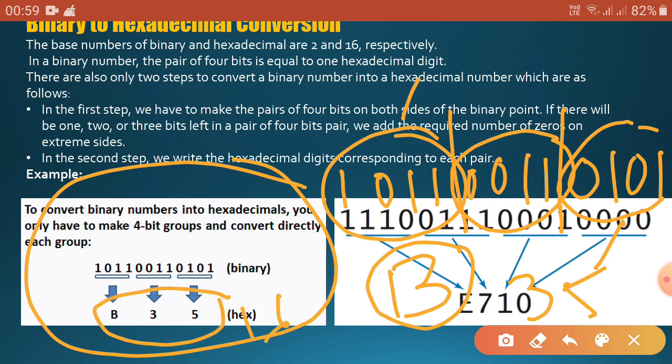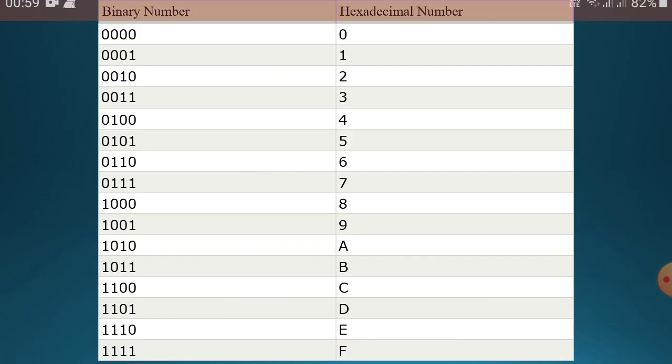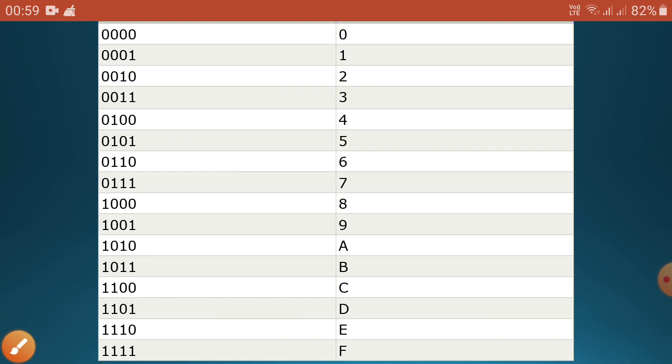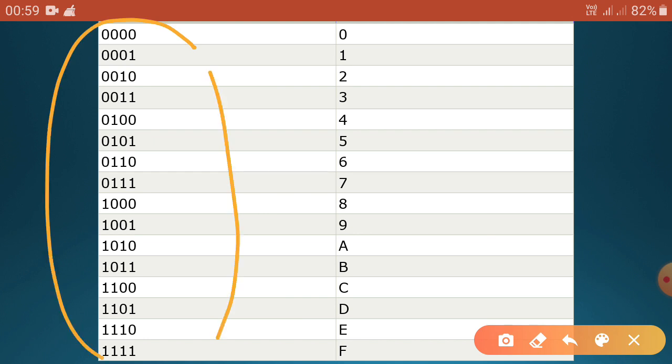Okay, so we have to remember this list. We have to remember. Okay, you have to learn it well. So any number in hexadecimal represents the binary number system as here. So A means 1010, that means 10.